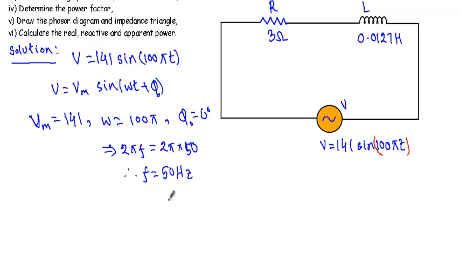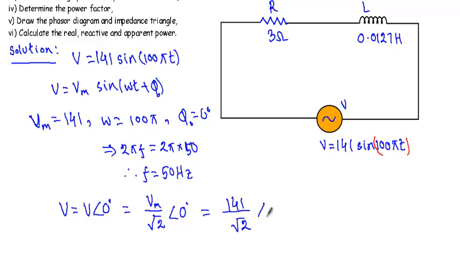Now, what will be the RMS value of the applied voltage? We denote the RMS value in the circuit with capital V. The RMS value has a magnitude and a phase angle, and here the phase angle will be 0. The magnitude will be Vm divided by root 2, with phase angle 0 degree. Vm is 141, so 141 divided by root 2 gives 100 volt, phase angle 0 degree.